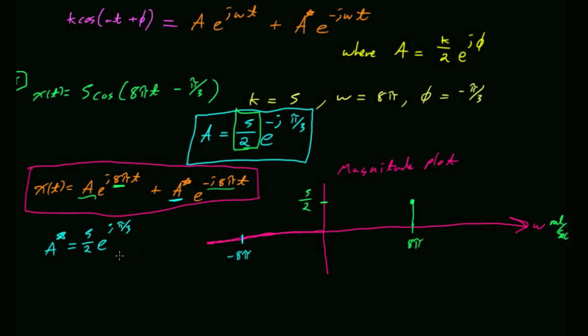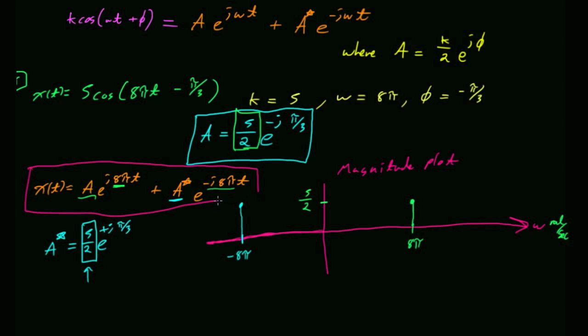So how much negative 8 pi do I have? I've got A conjugate, and the magnitude of that is also 5/2. This will become a little less weird as we move forward.